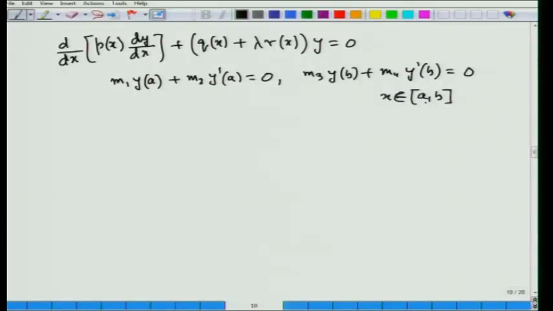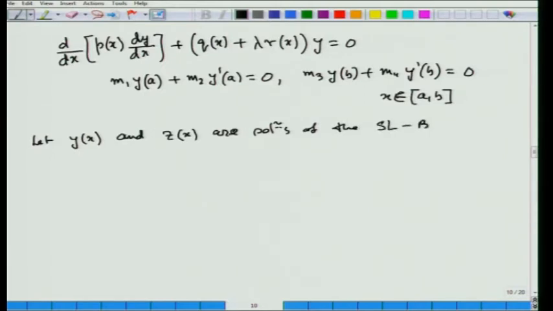Now, first of all we are going to prove a result: let y x and z x be solutions of the Sturm-Liouville boundary value problem corresponding to lambda and mu respectively, with lambda not equal to mu.